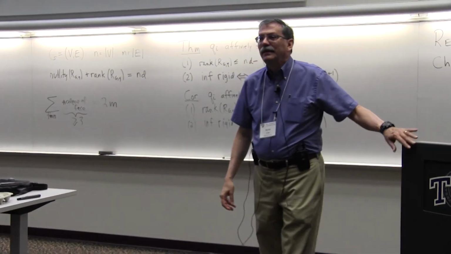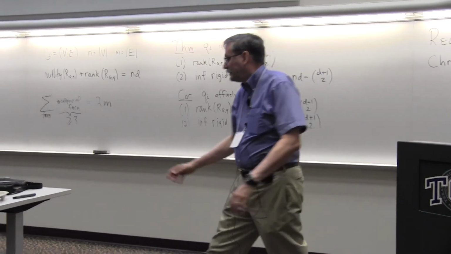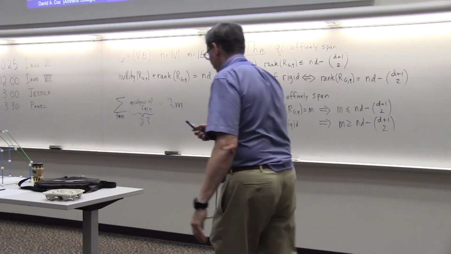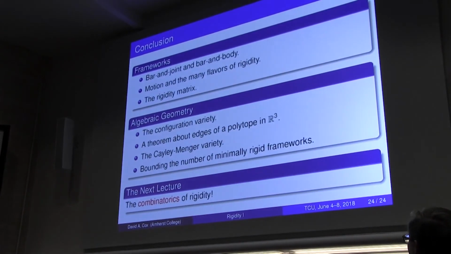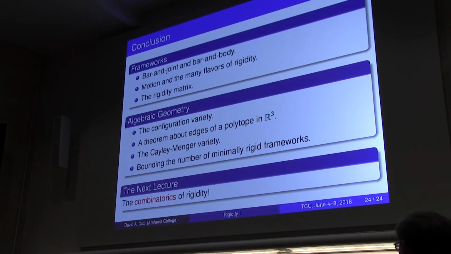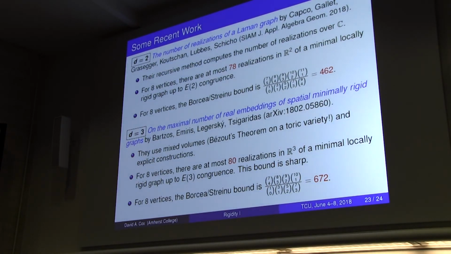So any questions? Can we go back to the previous slide? I was interested in that there were constructions in dimension 3, but not in dimension 2, I realized from the chart.